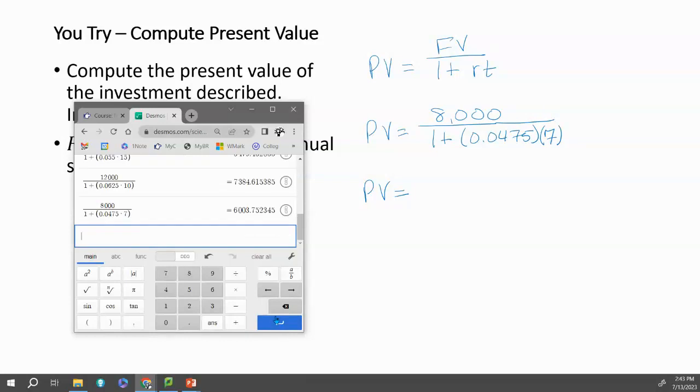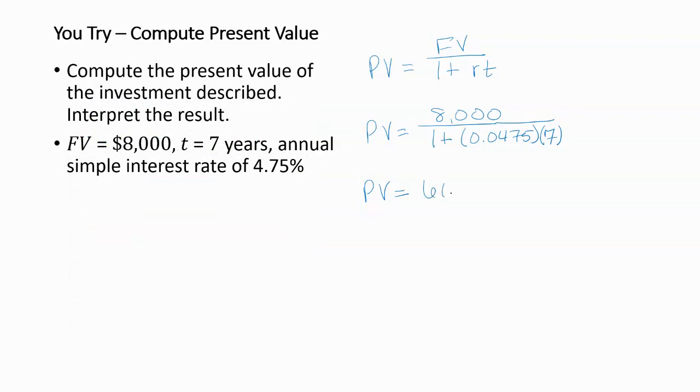Close that one. $6,003.75, which always rounds up. So 6,004.